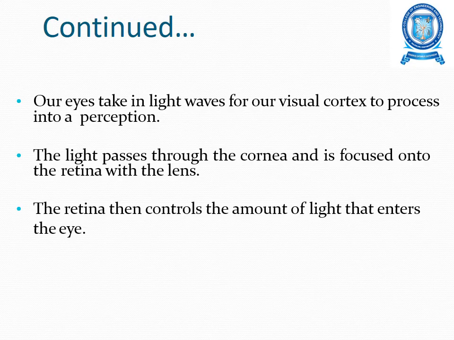For example, if our eye is exposed to a very high amount of light, it will adjust to the amount of light that is entering the human eye. Similarly, during the night time, the amount of light received will be less, so at that time it will adjust to the amount of light.